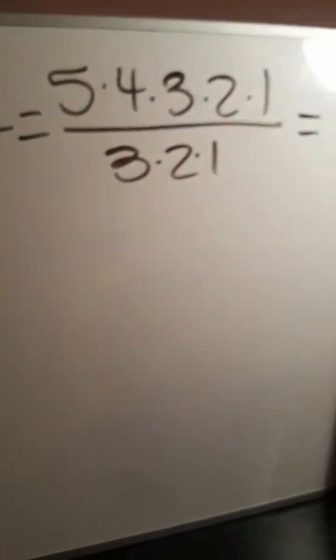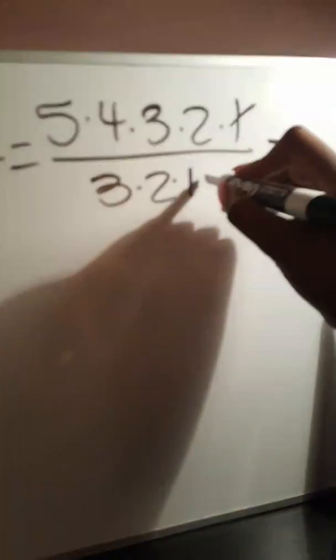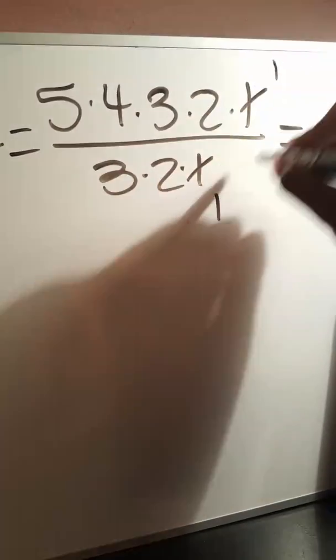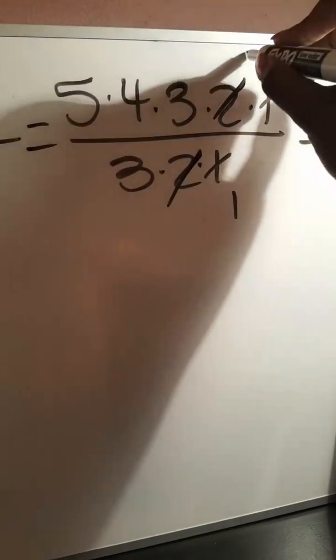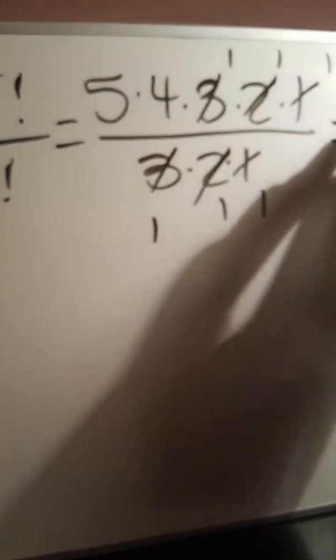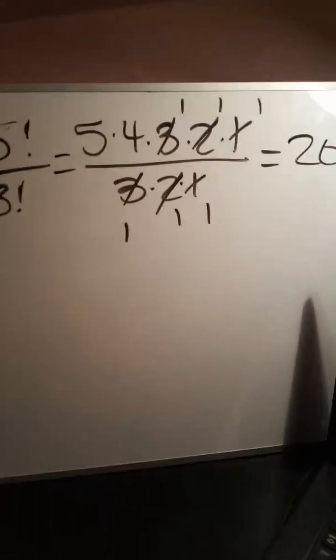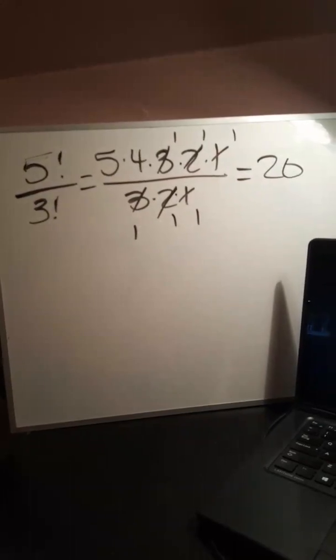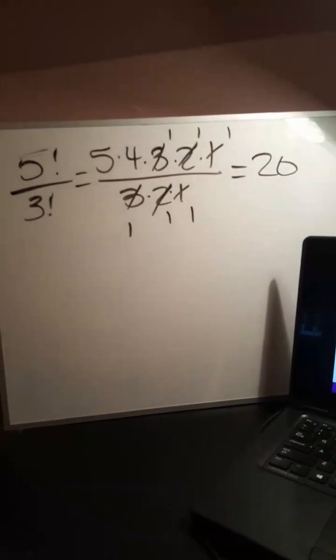But let me show you something. We know they both have a 1 in common, so those cancel out to 1 and 1. They have a 2 in common, those cancel out to 1 and 1. They have a 3 in common, which can cancel out to 1 and 1, and that simply leaves us with 5 times 4, which is 20. So now that's the way that you can do it. You can call it the long way, but it's still the right way.